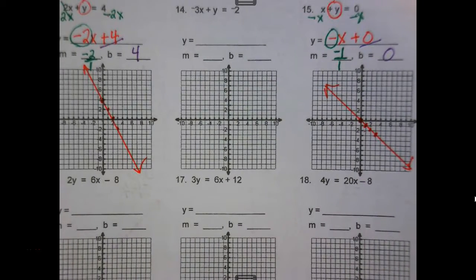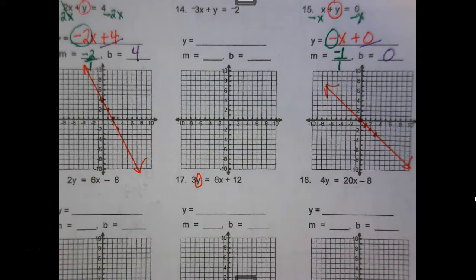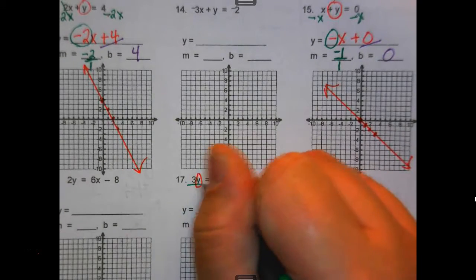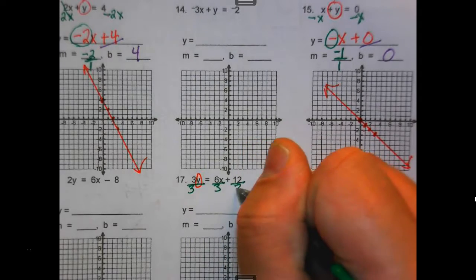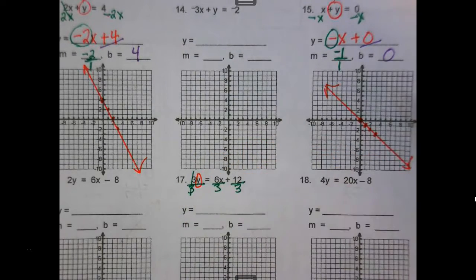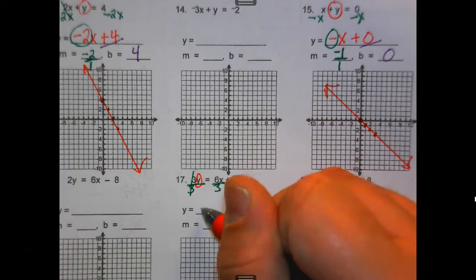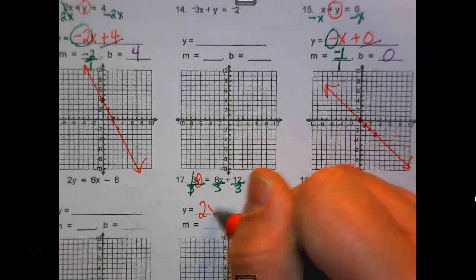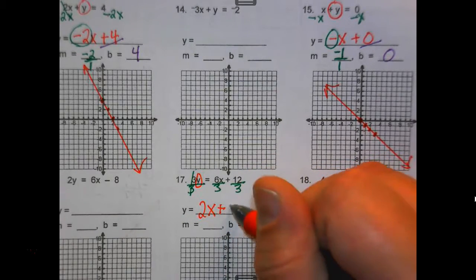Okay, number 17. I have to get y by itself. So I'm going to divide every term by 3. 3's cancel, I get y by itself. 6 divided by 3 is 2. I'm going to pull that x out since it's in the numerator. And 12 divided by 3 is 4.